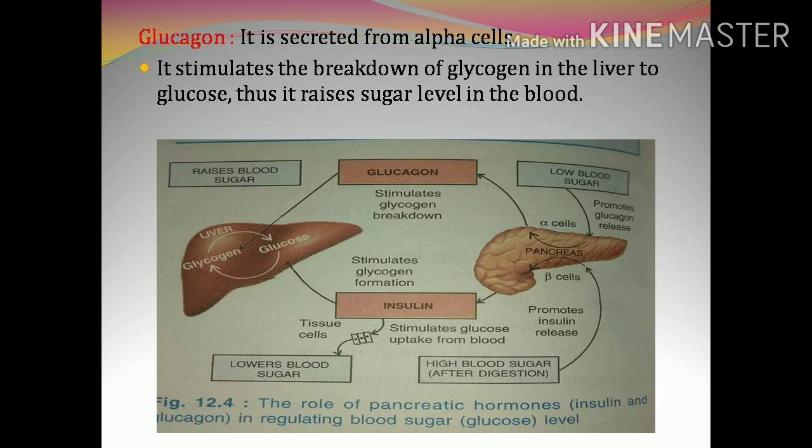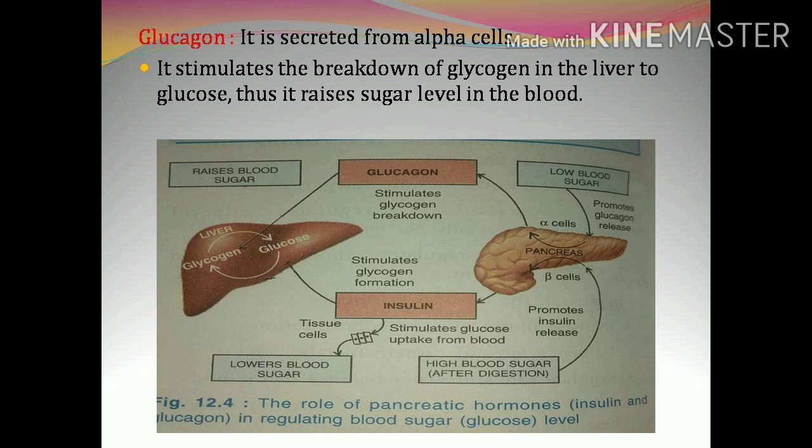Next, one more hormone, somatostatin. This hormone is secreted by the delta cells of the pancreas. Its main function is that it inhibits the secretion of insulin and glucagon. But it is not there in your syllabus. Only two hormones are there, insulin and glucagon.